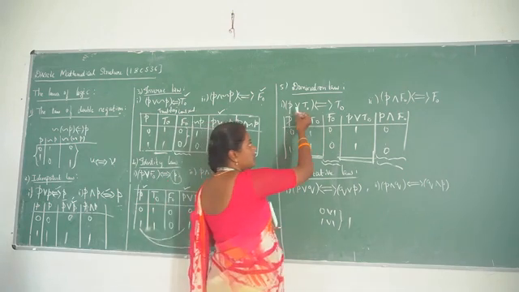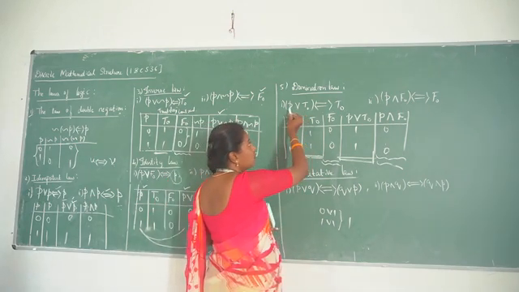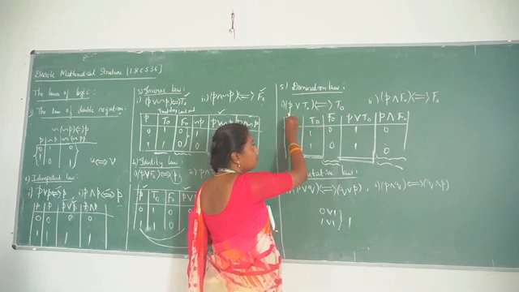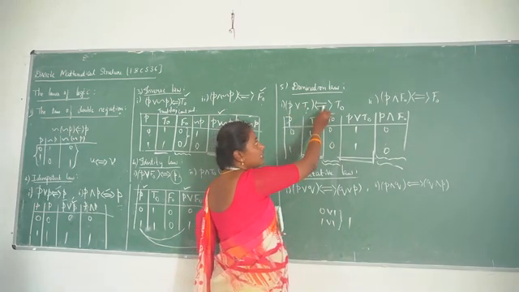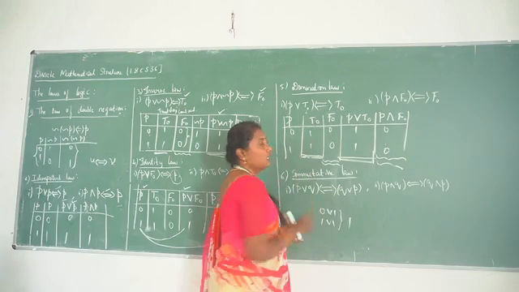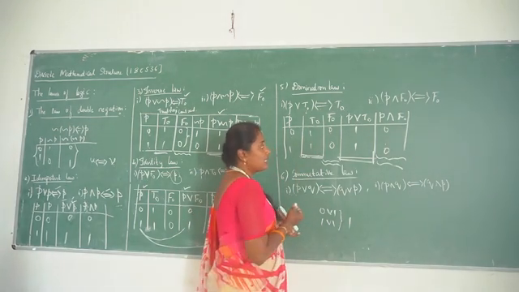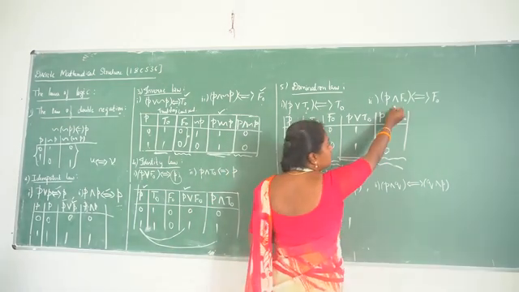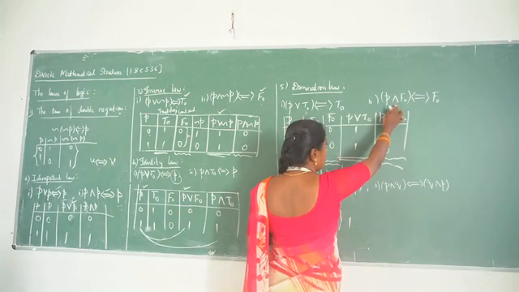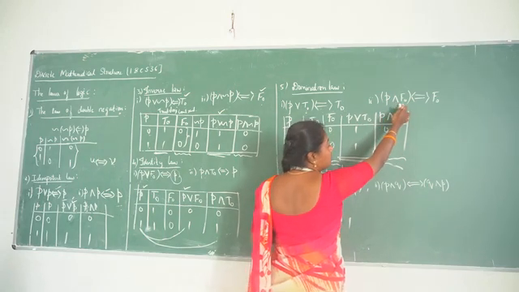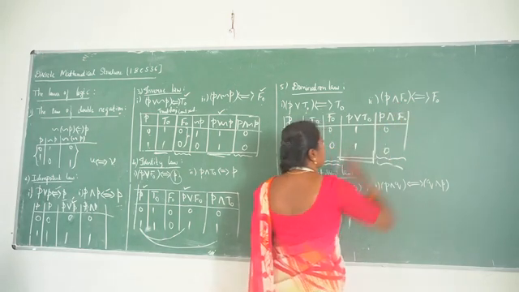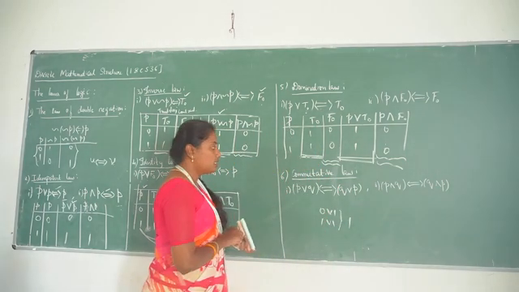Hence the disjunction of P and tautology is logically equivalent with the universally valid statement. The conjunction of P and F naught, that is a contradiction statement, is logically equivalent with the contradiction statement.